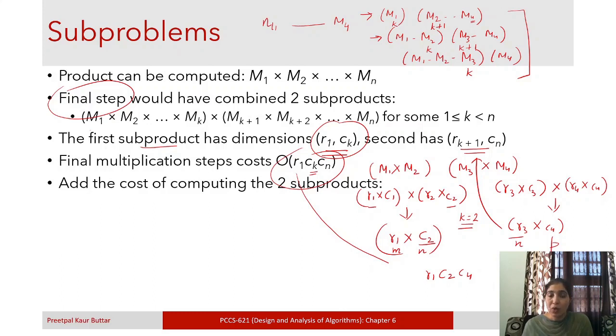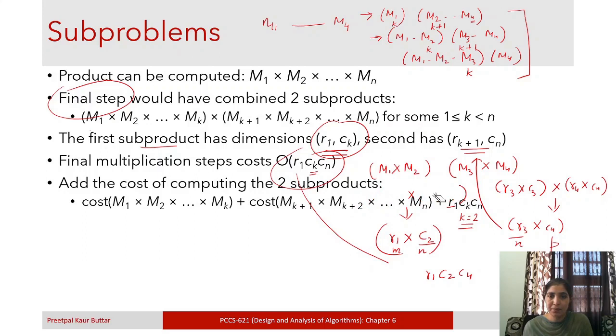So what will be the total cost? Total cost will be the cost of computing the first subproduct plus the cost of computing the second subproduct plus doing the multiplication of these two subproducts.